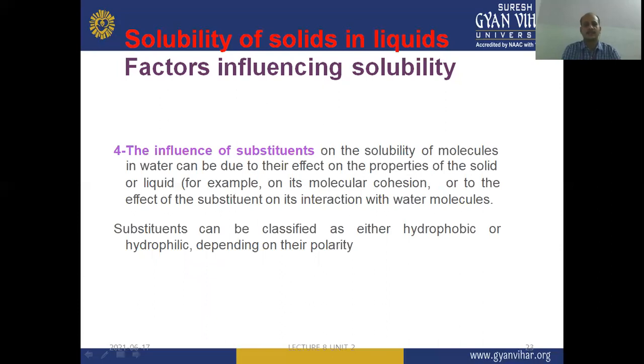So substituents can be classified as hydrophobic as well as hydrophilic depending on their polarity. As we discussed, like dissolves like. So depending on the polarity of the substituent group attached to the substrate, we can classify the substituent as either hydrophobic or hydrophilic in nature.